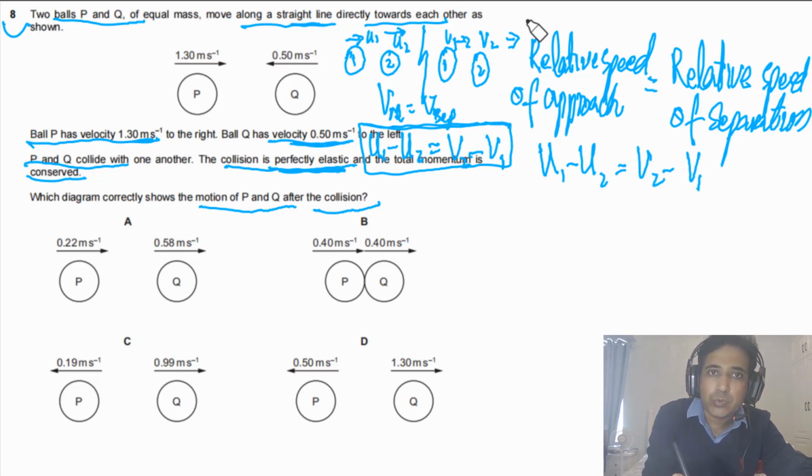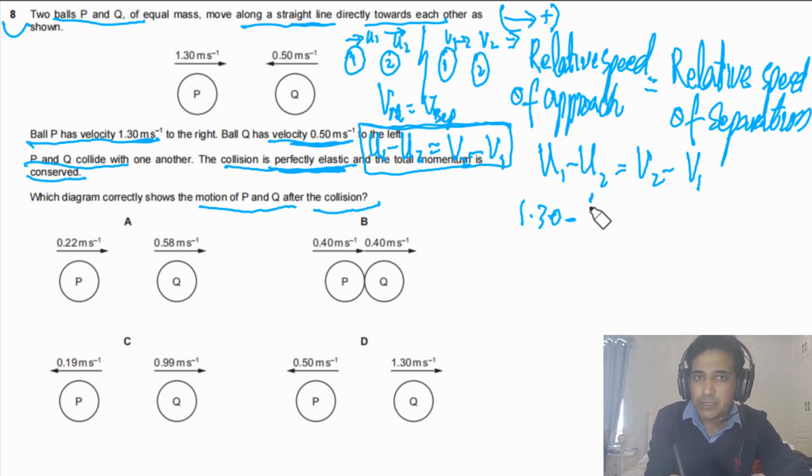And this is only true if all of them are moving to the right. So as in this case, this is moving to the right, so simply we can say this is 1.30. So this is positive and negative sign here, and this is moving to the left. So we can say this is 0.50. And for the second part, simply we can say v2 minus v1.